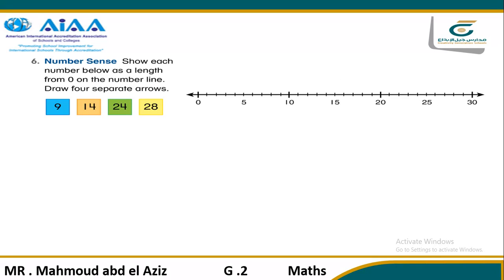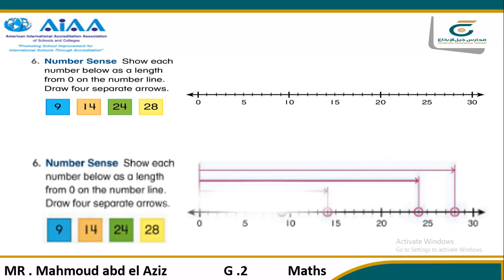Another question. Show each number blue at the length from 0 on the number line and draw 4 separate out. The first number here is 9. So we will start from 0 to number 9, and this number is before 10 with one step, like this one here. The second number is 14.